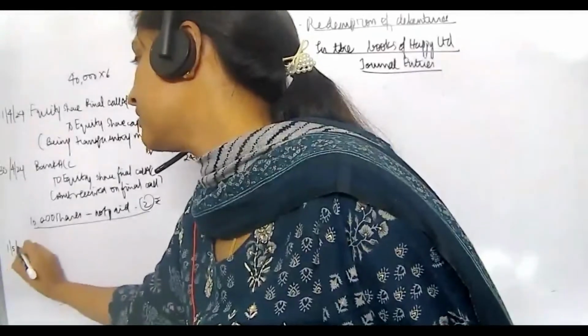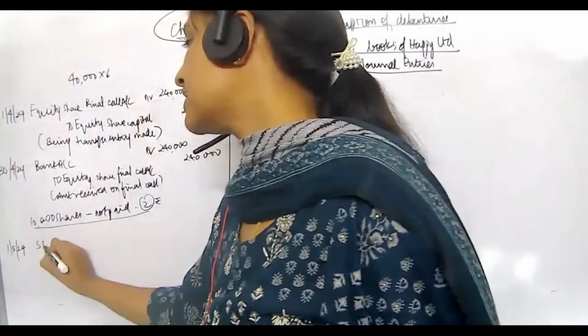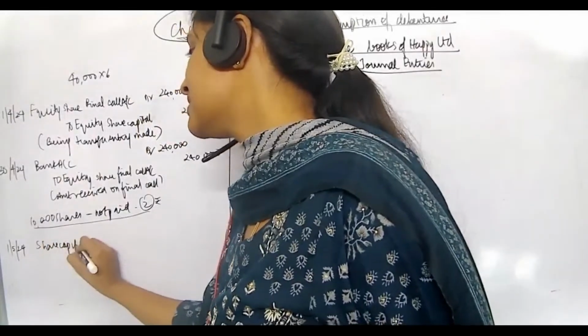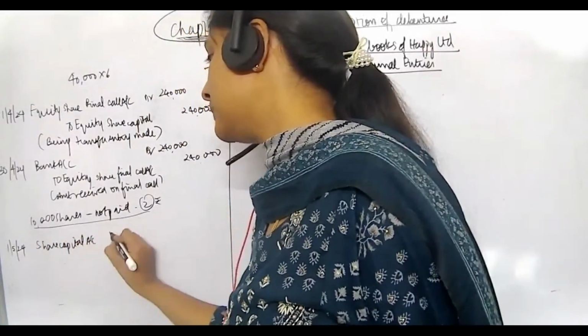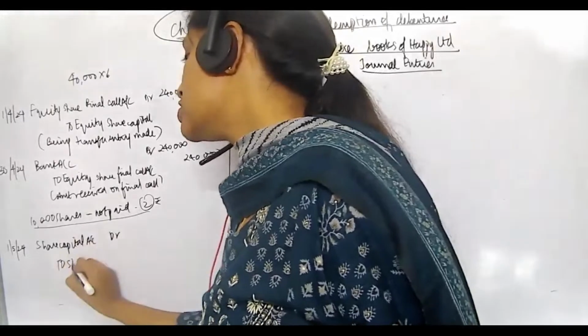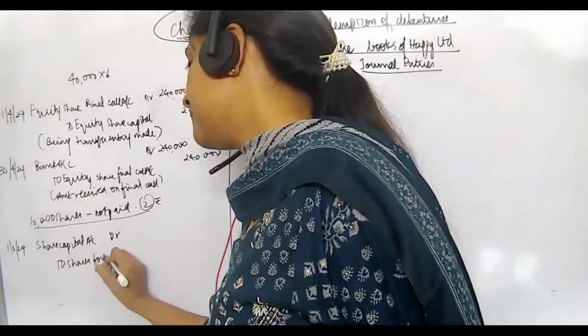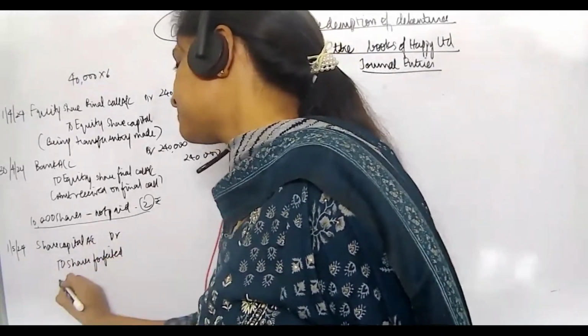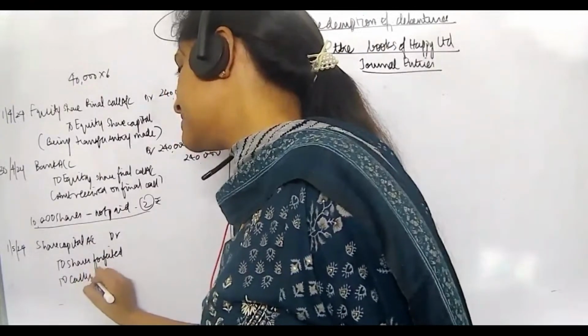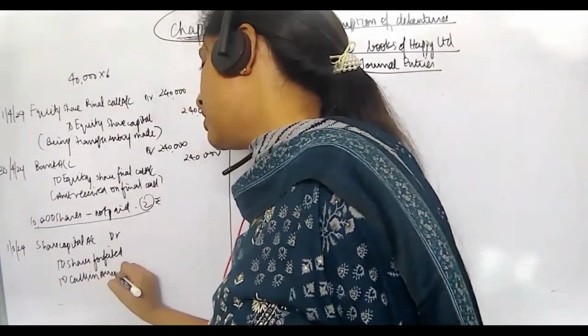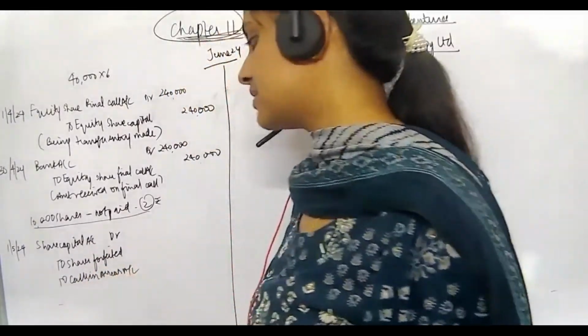On 1st of May. Date is very important. 1st of May, forfeiture entry will be, I am cancelling the shares, so share capital account will be debited, to shares forfeited and to calls in arrears. Correct? Already calls in arrears are given to us in the question.